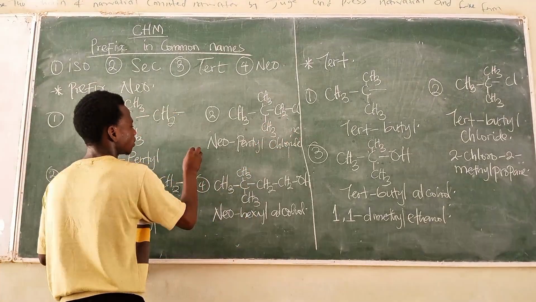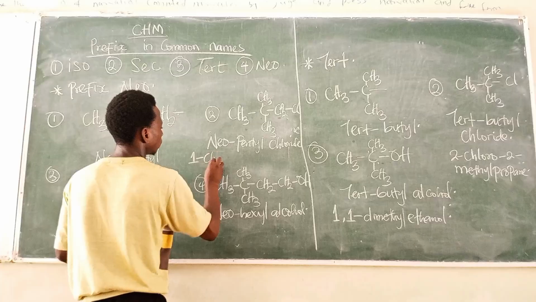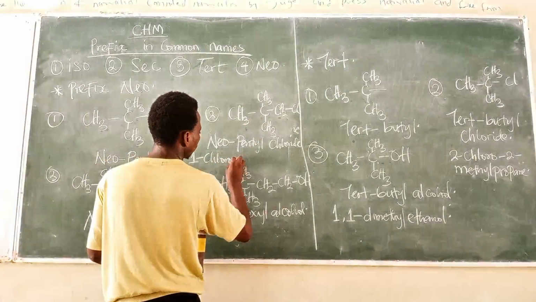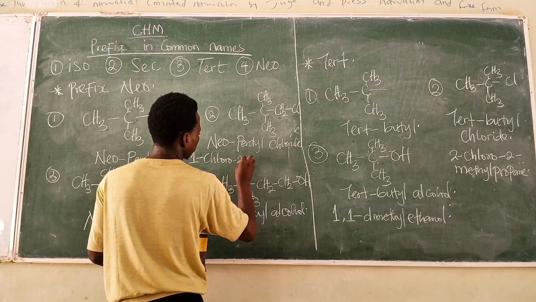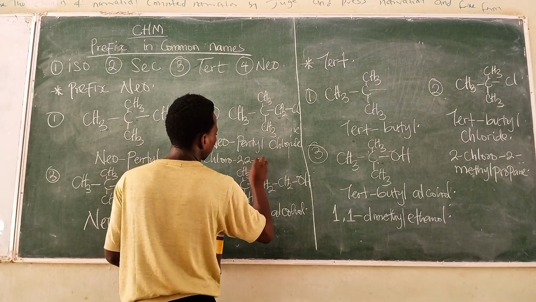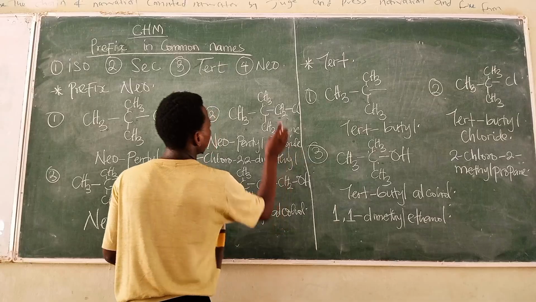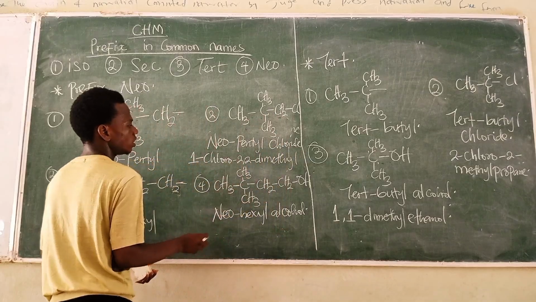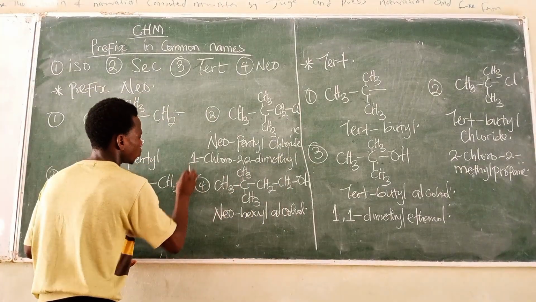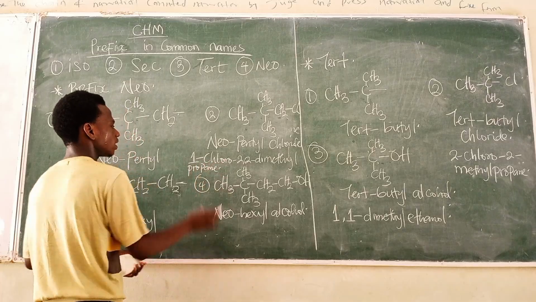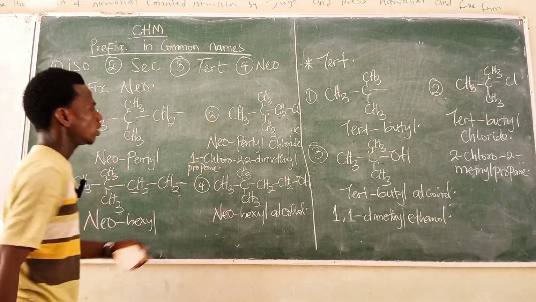So the name becomes 1-chloro, then on carbon 2, we have 2 methyl, so it's going to be 2,2-dimethyl. The longest continuous carbon chain is 3 carbon atoms, so it's propane. So that is the IUPAC name of this particular structure.